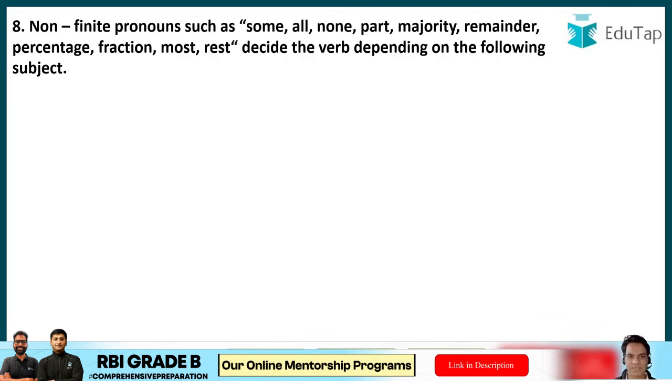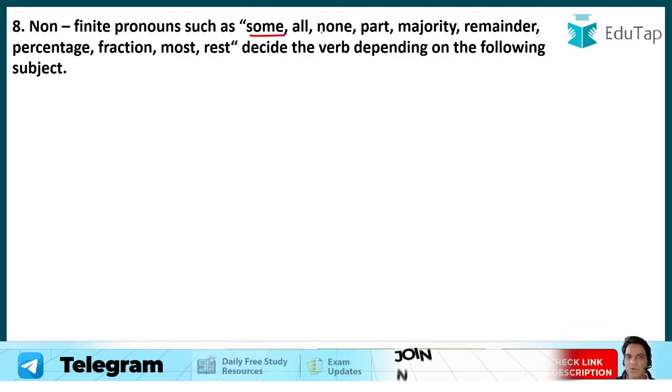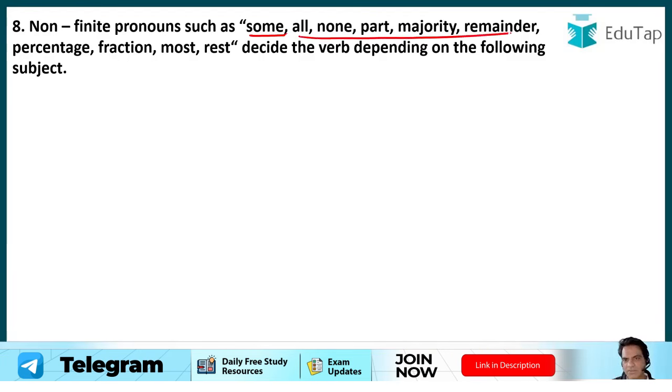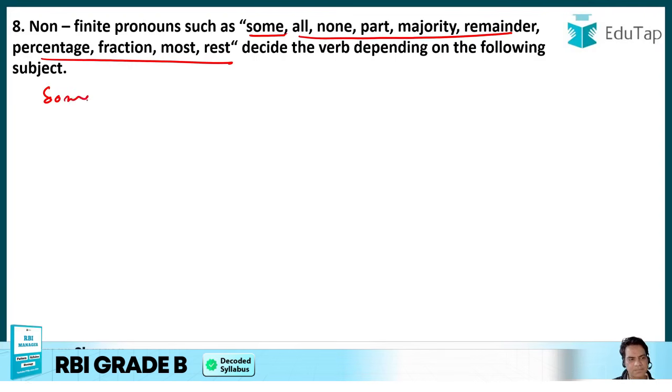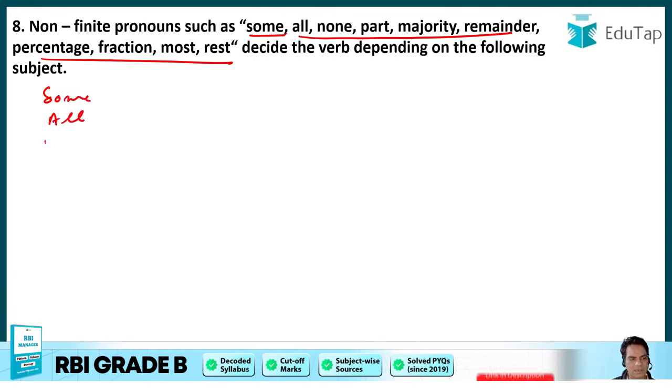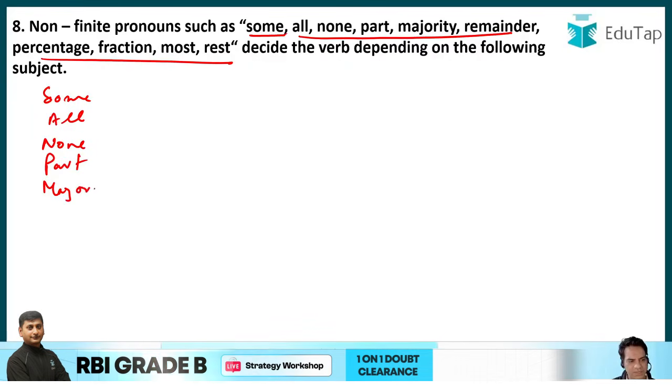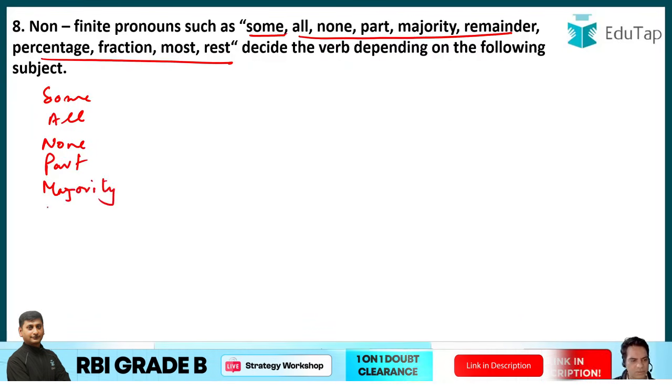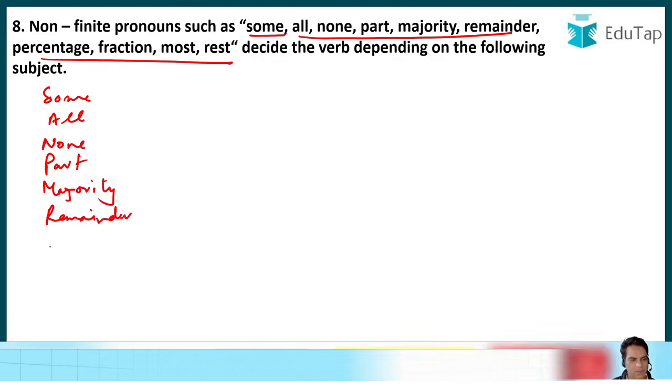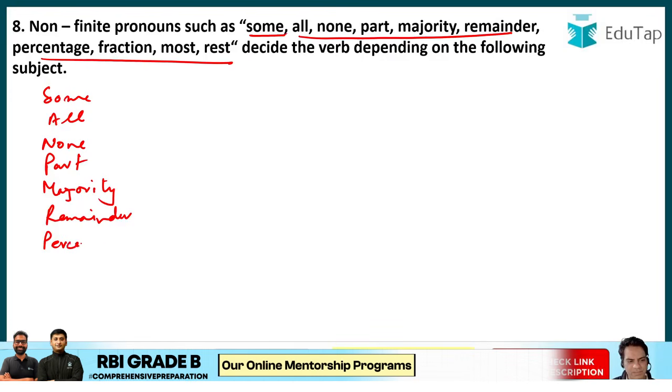Coming to the next rule, guys. Now this is the opposite of the previous rule that I just told you. Now remember these words, guys. Some, all, none, part, majority, remainder, percentage. Now, what do I mean by percentage?